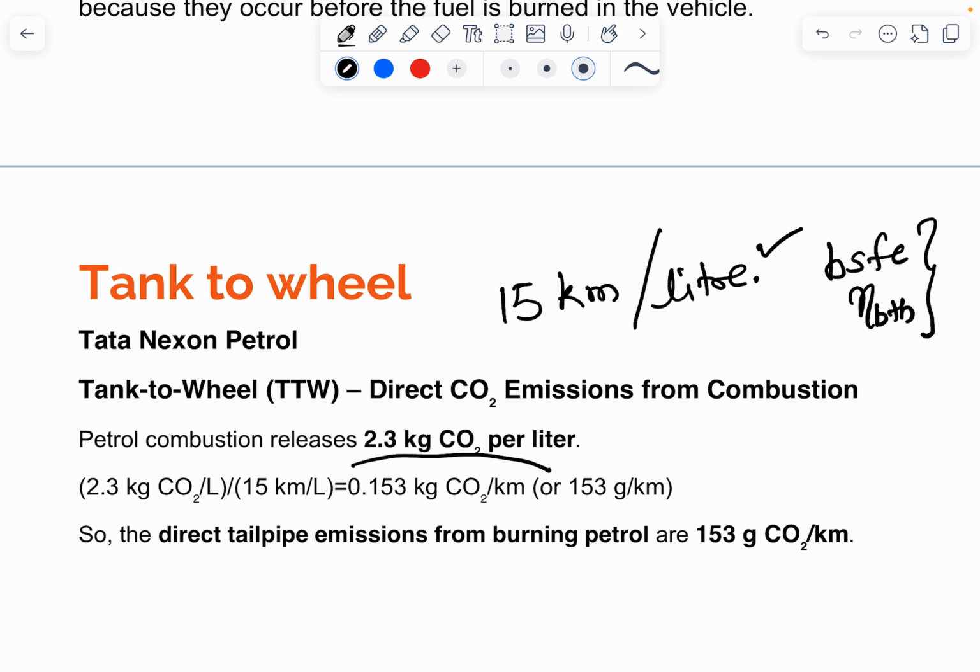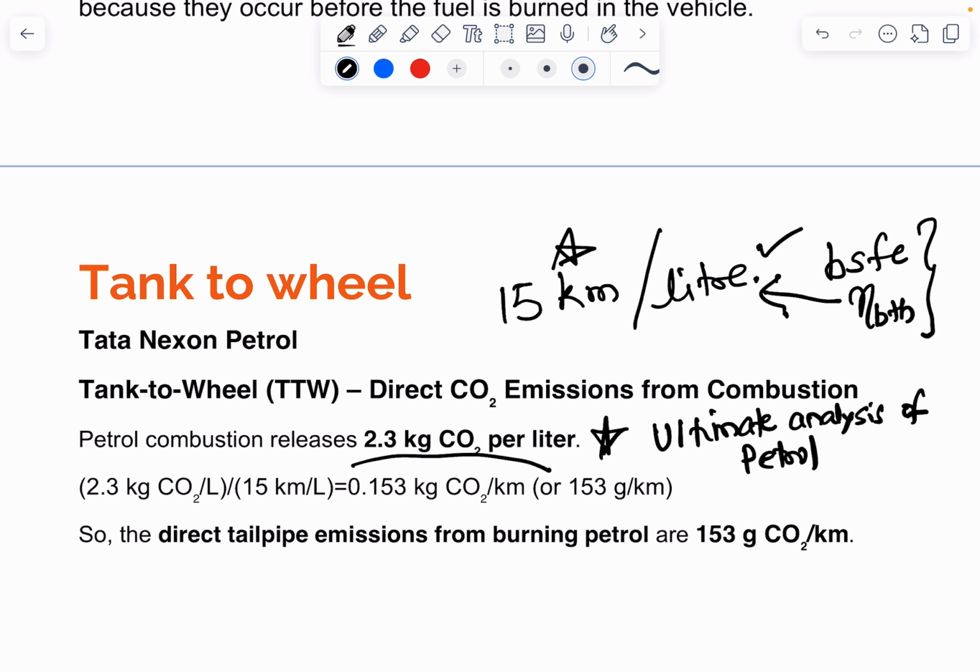Again, this parameter would depend upon the quality of the fuel. This mileage would come from the BSFC and brake thermal efficiency, and this would come from the ultimate analysis of your petrol, assuming that it undergoes complete combustion.